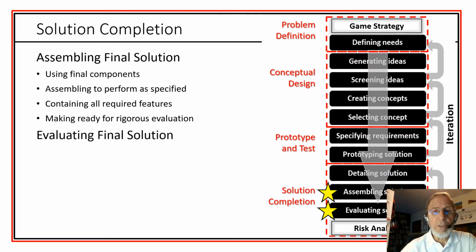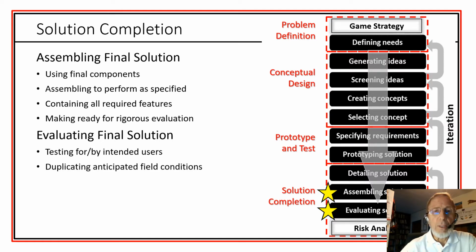As we evaluate this final solution, we ideally are going to be testing it for a certain set of users, but it's also great if these intended users are involved in the testing process so that we're seeing how they utilize the solution. We're going to be duplicating conditions that we expect for the actual implementation of the solution.